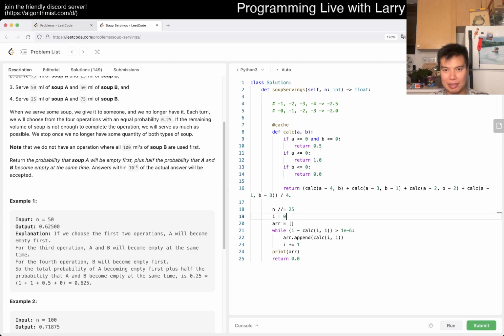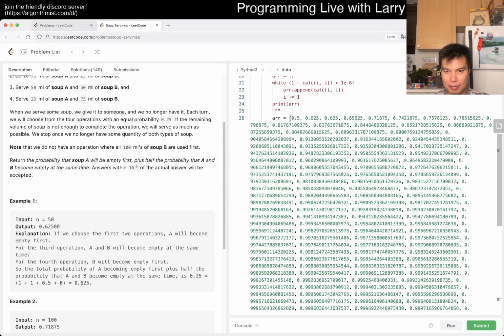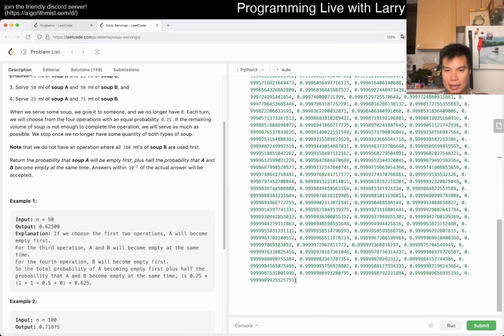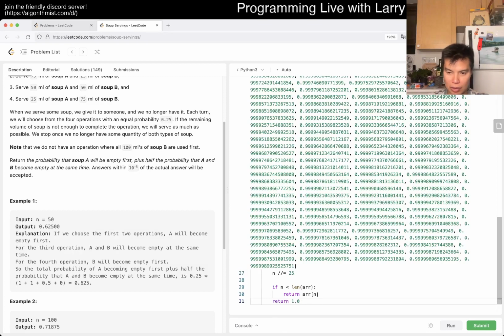So then basically this gives us, and now we can do it. As we said, for n to do 25, if n is less than the length of the array, then we return array of n, otherwise we return 1.0, right?